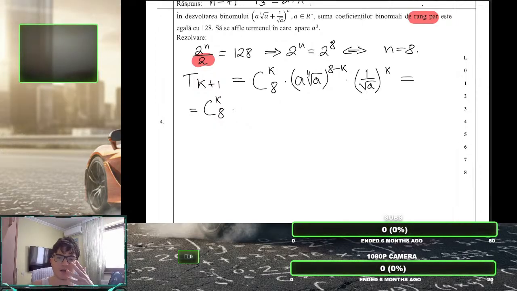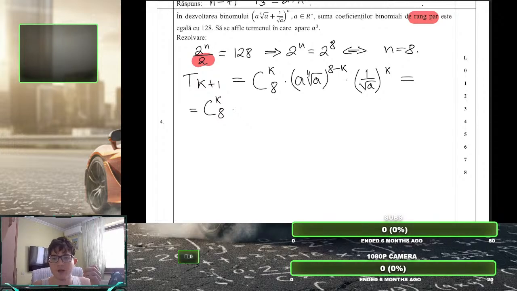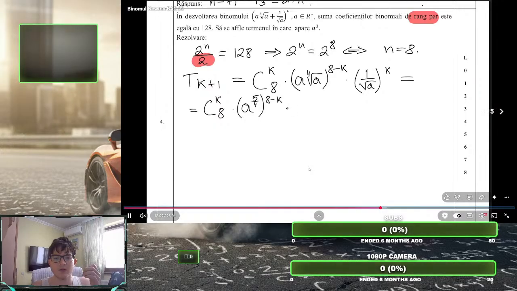We need to get the same base, the base a. So a times a to the power of 1 divided by 4, all to the power of 8 minus k, and on the right it's going to be a to the power of minus 1 divided by 2 times k. So yeah, that's that.